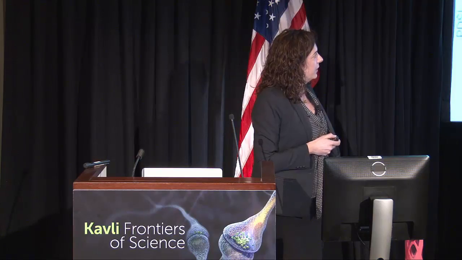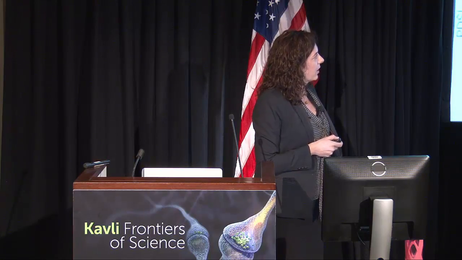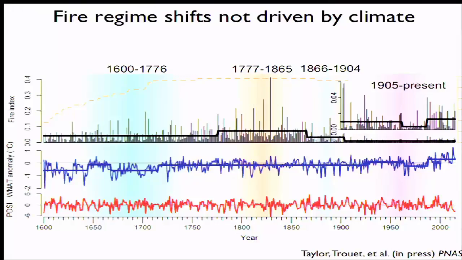What we found, though, is we saw more in the fire record than just the interannual variability. If you look at this fire record, apart from the year-to-year variability, we found 3 distinct, longer-term shifts.